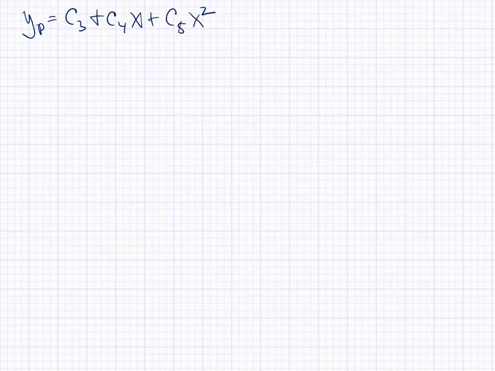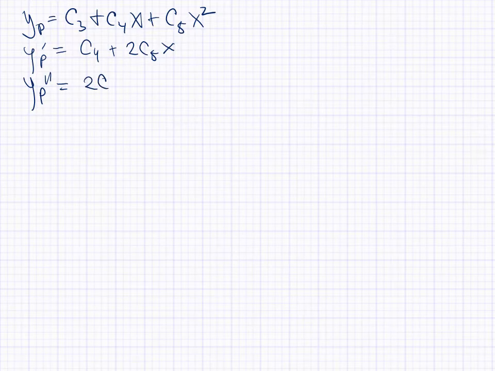So we have our y sub p to be c3 plus c4x plus c5x squared. Okay. So then we need to say y sub p prime would be c4 plus 2c5x, and y sub p double prime would be 2c5. Okay. We're going to plug that into the original differential equation, which was y double prime plus 3y prime plus 2y equals 4x squared.